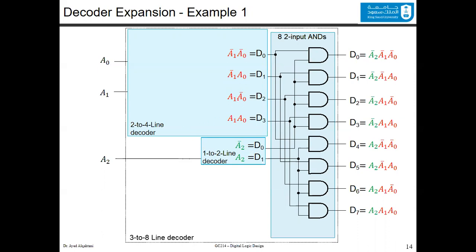To generate the minterms for the 3 to 8 decoder from this one, you will copy this one 2 times. You will copy it first here, and then you will copy it again here.